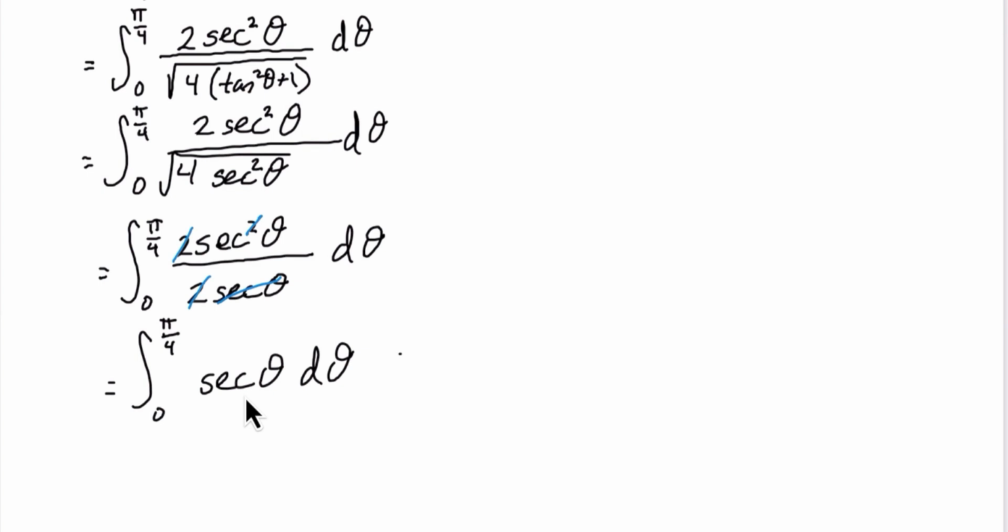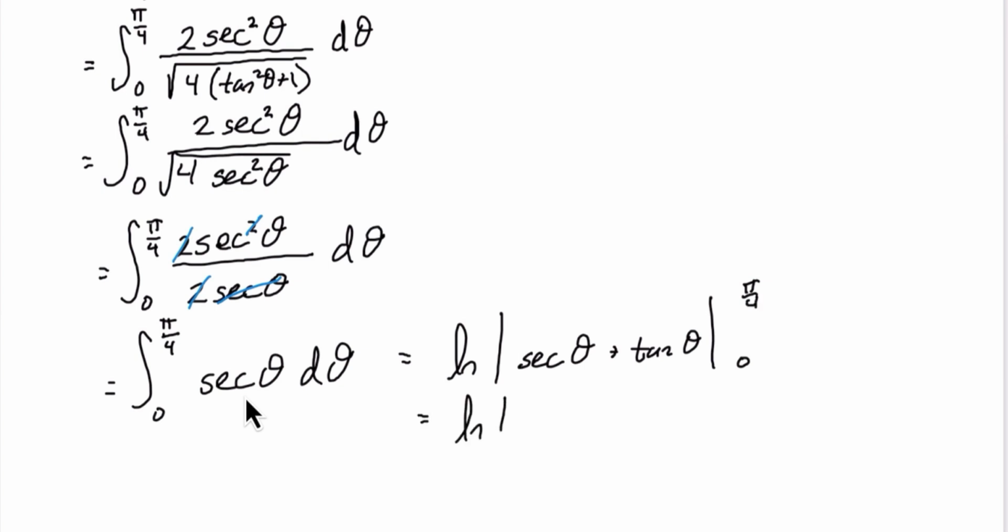Now that we've simplified, we can actually integrate secant theta. The integral is the natural log of the absolute value of secant theta plus tangent theta, and we are evaluating from 0 to pi fourths. We'll have the natural log of, let's plug in the upper limit pi fourths. The secant of pi fourths is square root 2 plus the tangent of pi fourths is 1.